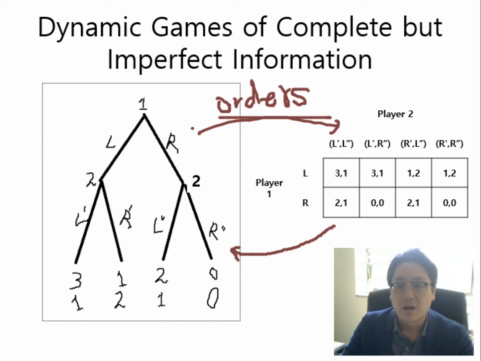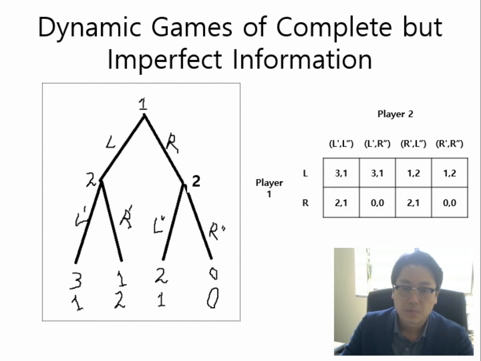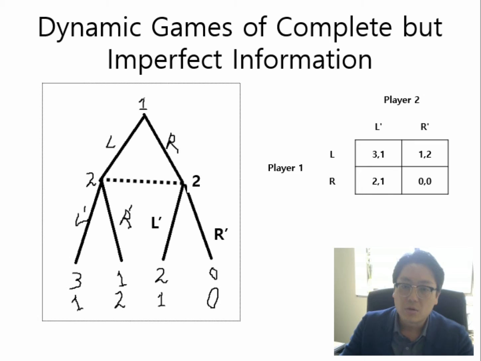We got rid of order information, right? So this game is not exactly representing this game, because in this game order information is not reflected. But here, there is an order. But again, in this game, from here to here, there's no loss of information. So these two games are the same.